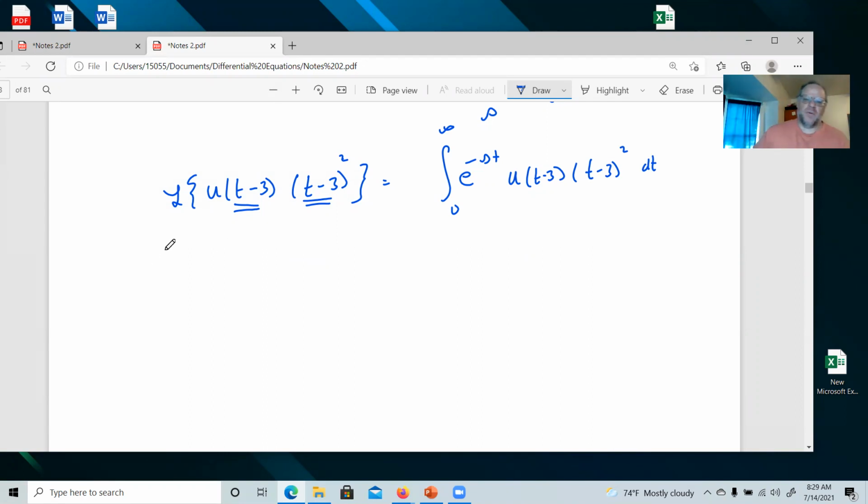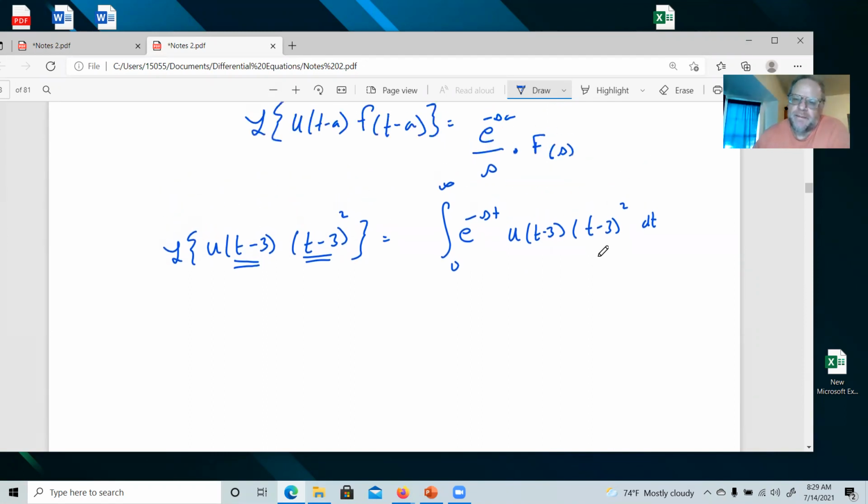So let's see how this is going to work. What I want to do is introduce a new variable. Let w equal t minus 3, so w plus 3 will be t, and dt is equal to dw.